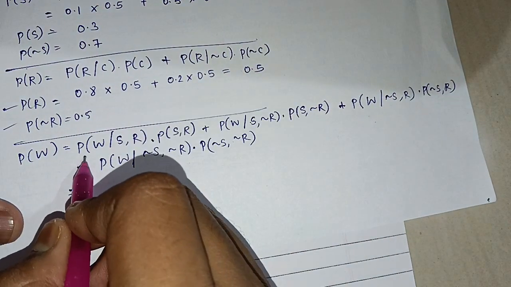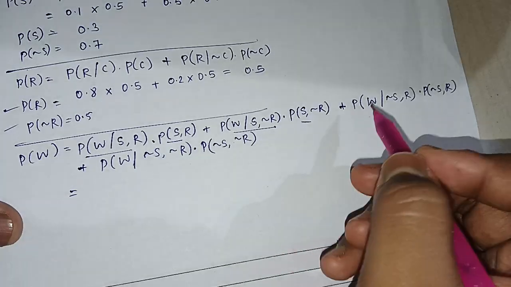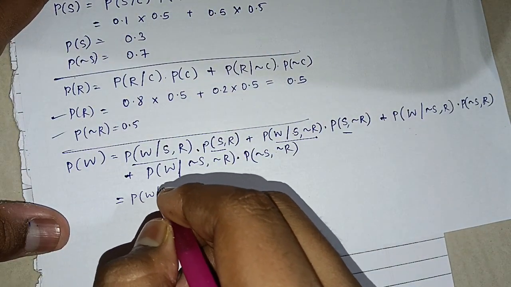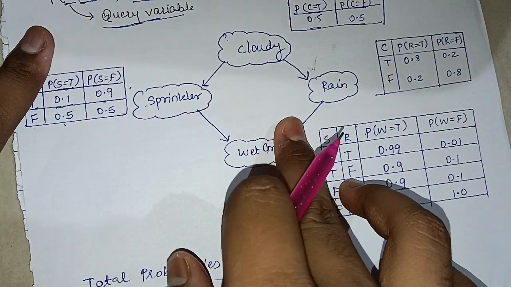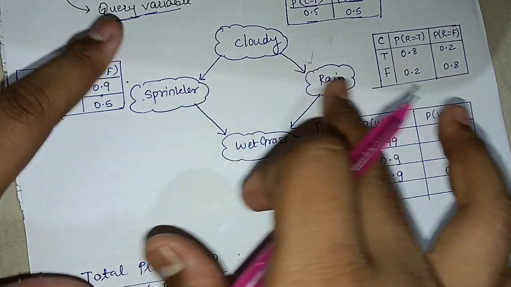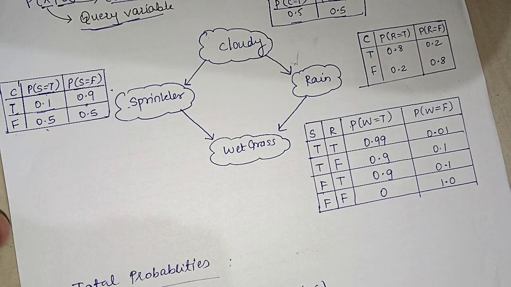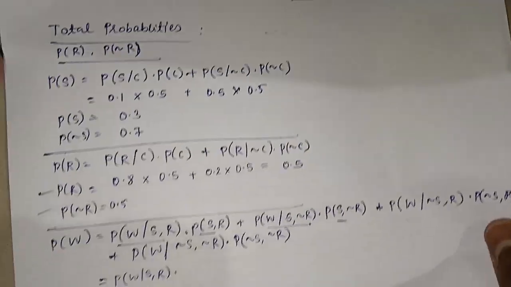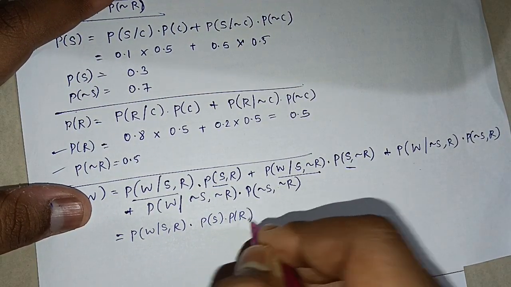Now see, we will get these values very easily from the table, but I'm writing one step more: P of W given S comma R. Now see, S and R are independent of each other. Sprinkler is dependent on cloudy and rain is also dependent on cloudy, that's not an issue, but they don't have any connection between them, so they are independent. So we write the probabilities as P of S into P of R separately.